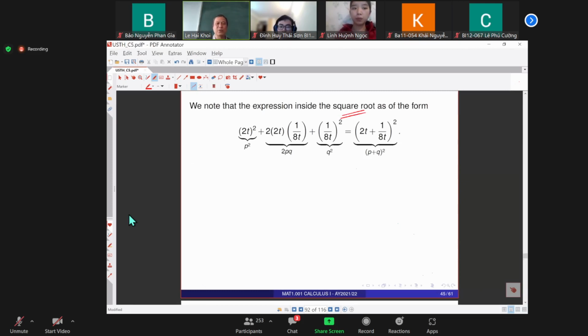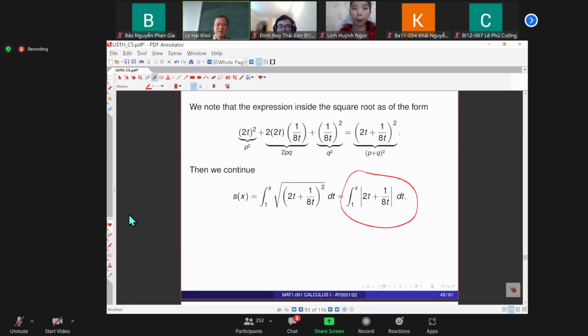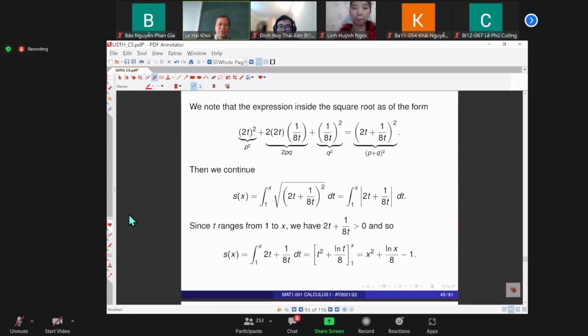You can reduce to such a case, t from 1 to x, and of course, if you take x positive, the modulus doesn't matter, right? So because it is positive, you can remove it, and the answer is S(x), meaning from (1, 1) to some (x, f(x)), the length is x squared over 2 plus logarithm of x over 8 minus 1 over 2.